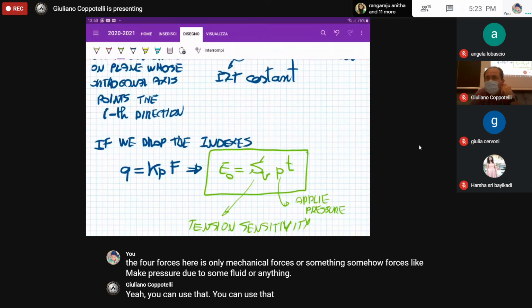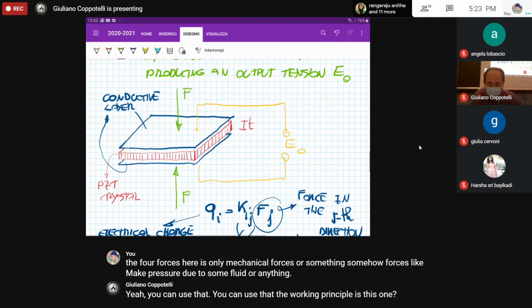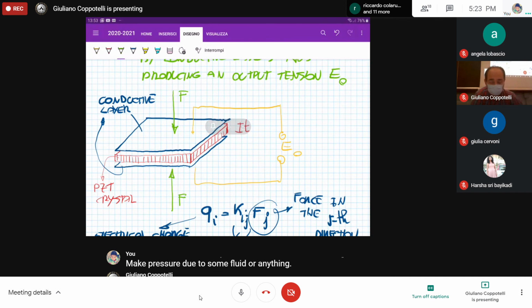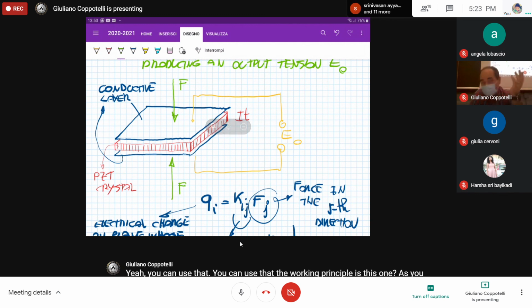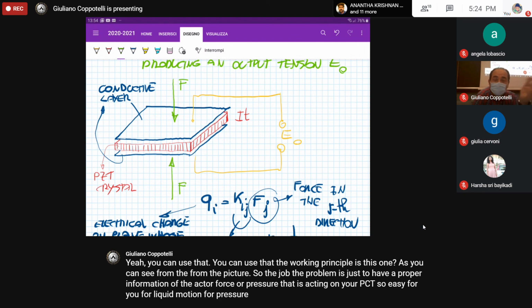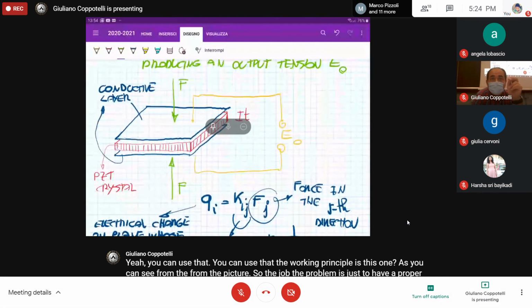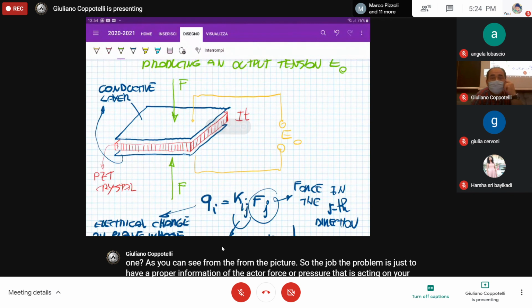The working principle is this one, as you can see from the picture. So the problem is just to have proper information of the actual force or pressure that is acting on your PZT. Whether it is used for liquid motion, for pressure, or whatever, doesn't matter. It is just a mechanical problem, not a transducer problem.